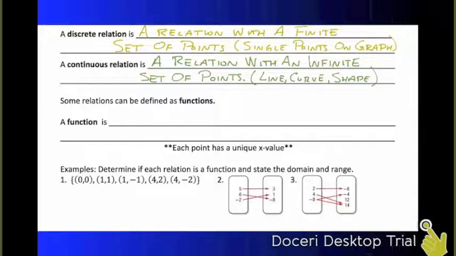Now, some relations can be defined as what we call functions.